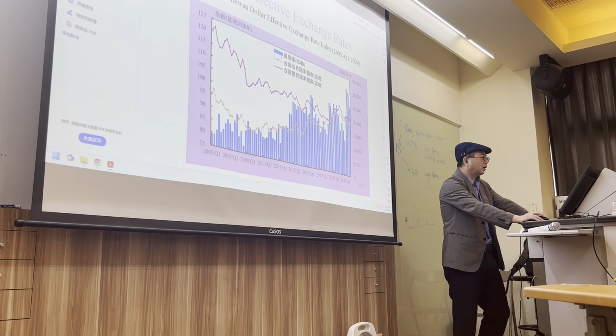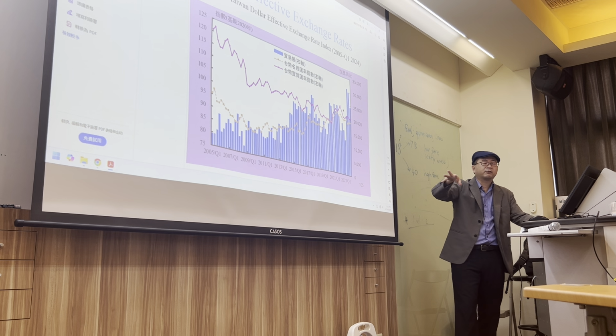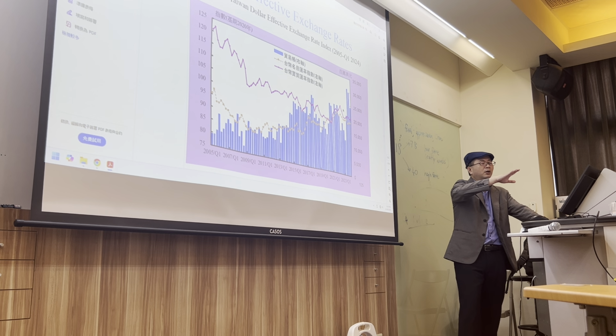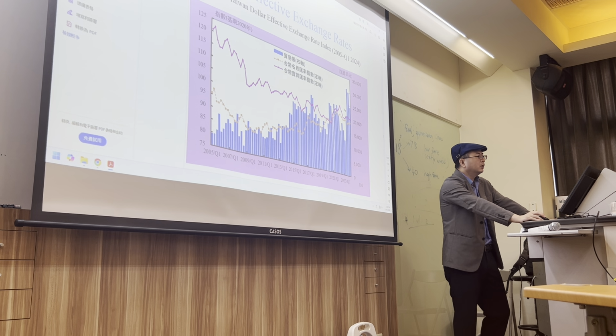If I could get your attention to the pink line here, it is going down from its peak in 2005 all the way to 2023. This shows the value of the Taiwanese currency depreciating over time. So you could think about whether that is a good or bad thing for Taiwan.